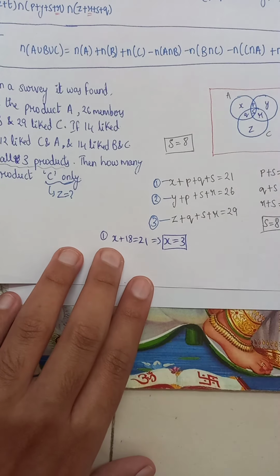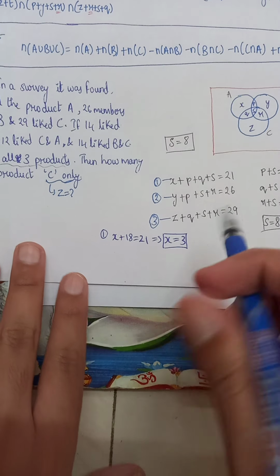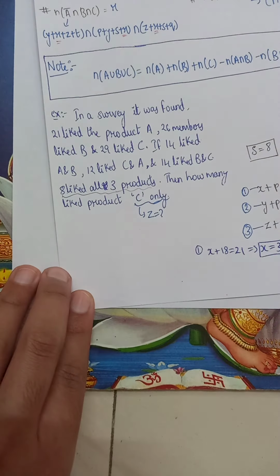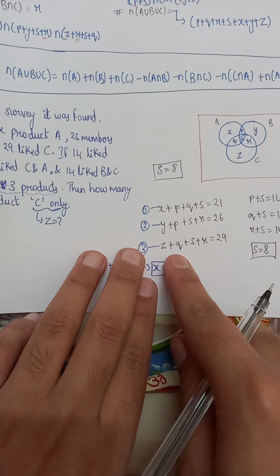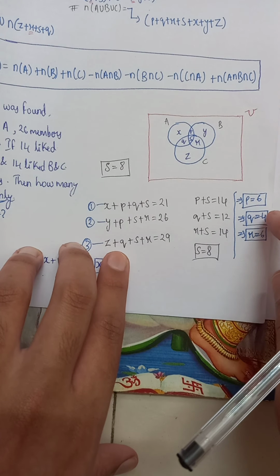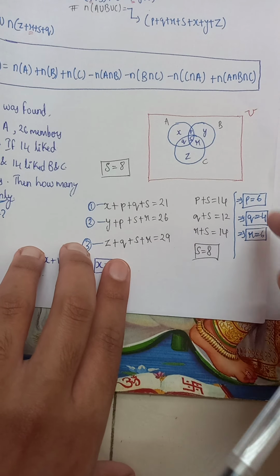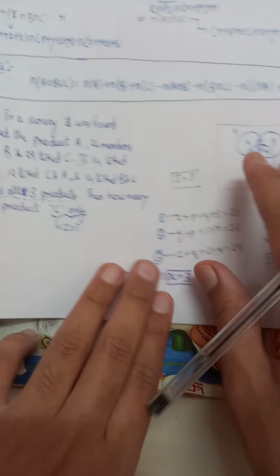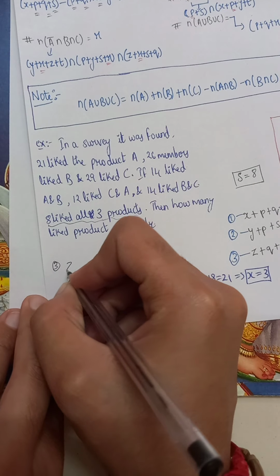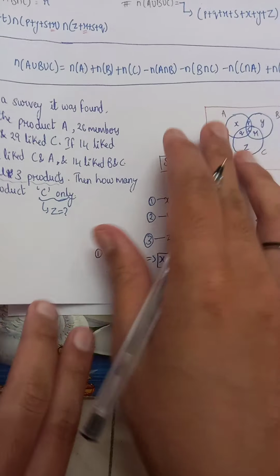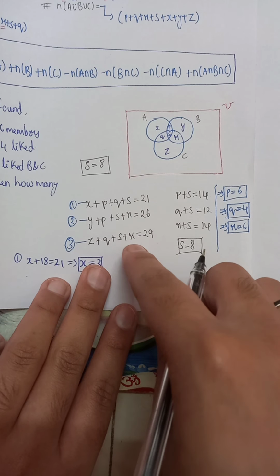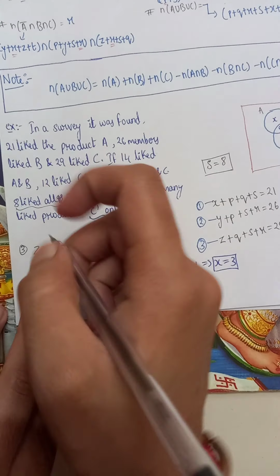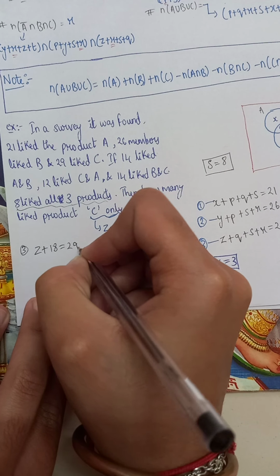If you directly substitute the values in the third equation, z plus q plus s plus r, what is q plus s plus r? 4 plus 6 is 10, 10 plus 8 is 18. So q plus s plus r is equal to 18. z plus 18 is equal to 29.